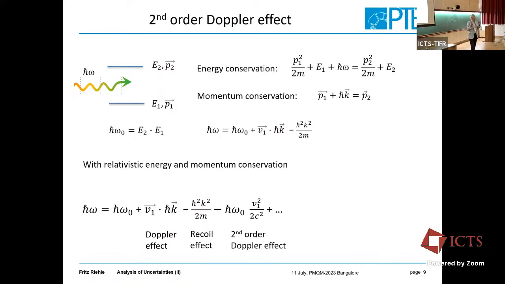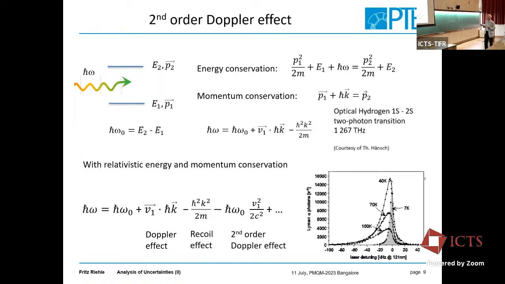And this is a purely relativistic effect. You can also derive it from time dilation, so it's sometimes also called time dilation shift. And you can see what it does. It makes, first of all, a broadening, but it is also asymmetric.